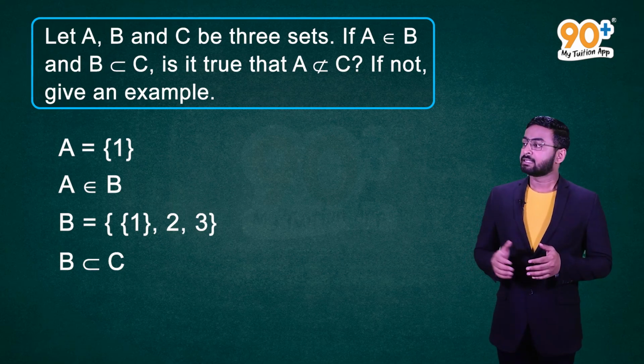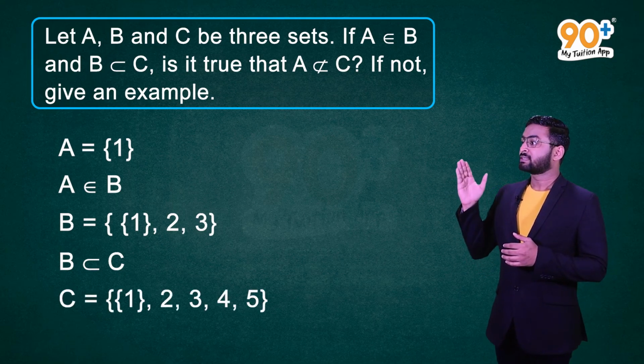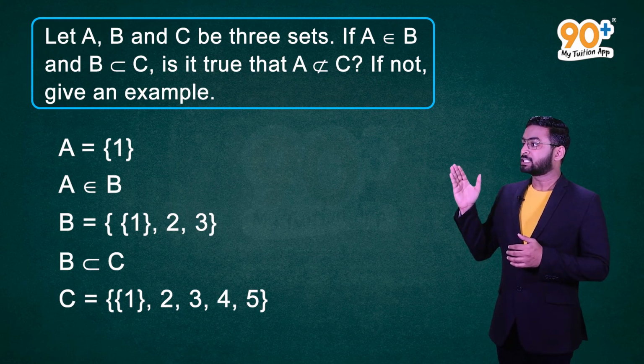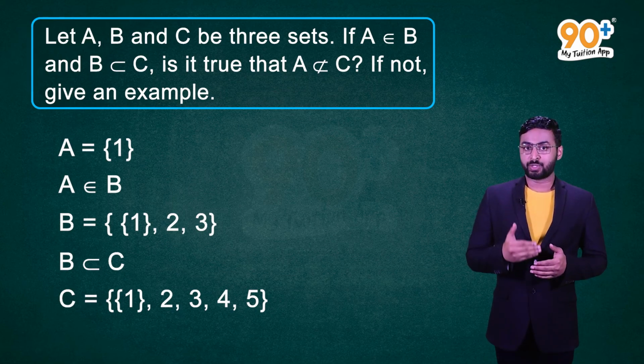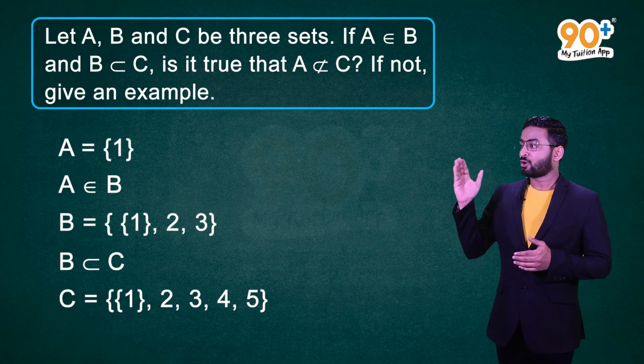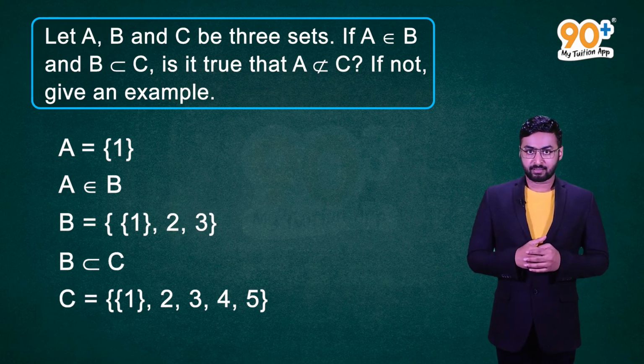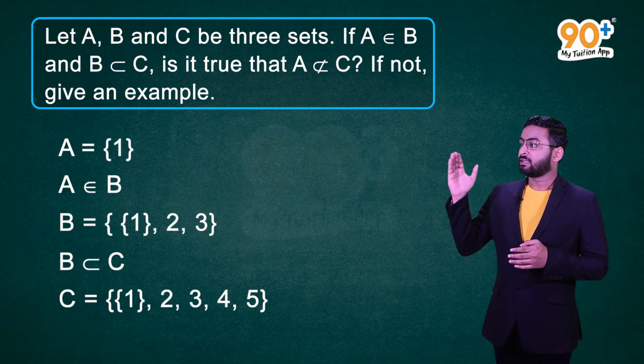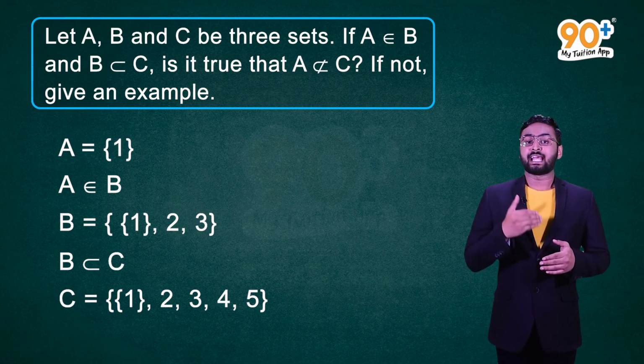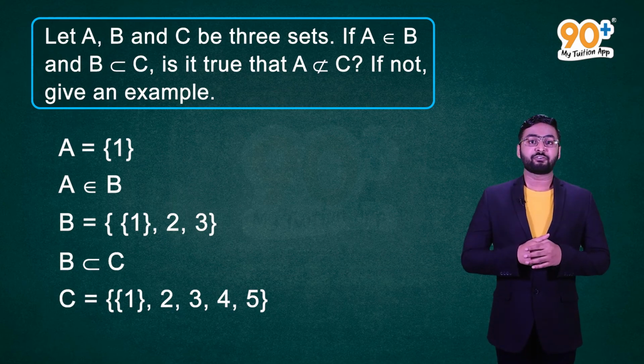Let it be C equal to set of set 1, 2, 3, 4 and 5. So here A belongs to B, as set A is an element in set B, and also B is a subset of C, as C contains all the elements of B.